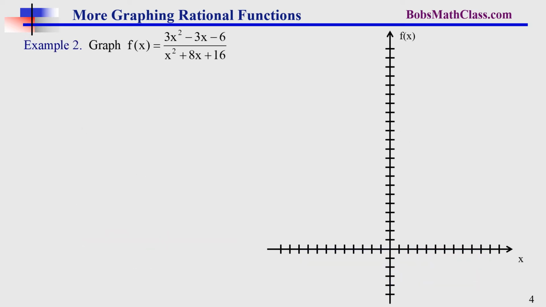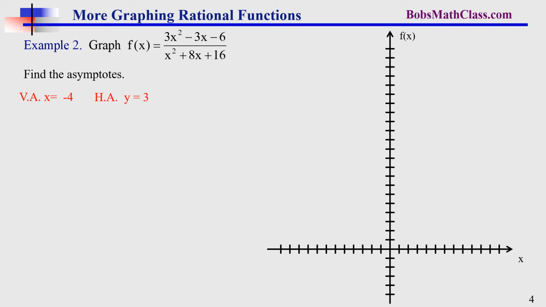Okay, let's go ahead and graph it. Let's see what this thing looks like. We already know that it intersects. Let's find our asymptotes first. We're going to set the denominator equal to 0 and solve to find our vertical asymptote. We know the horizontal is already y equals 3.